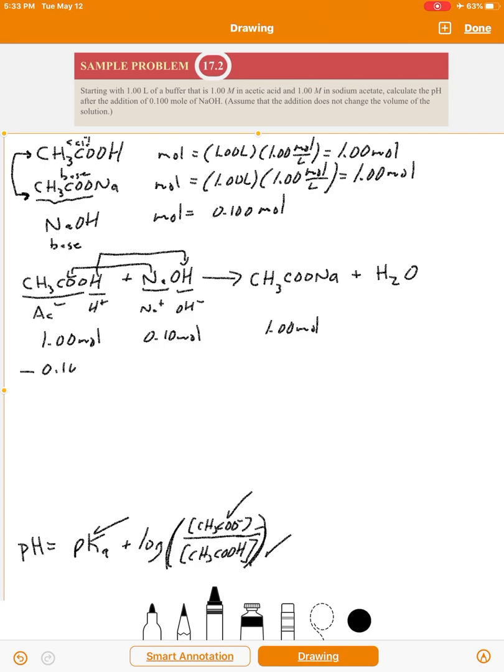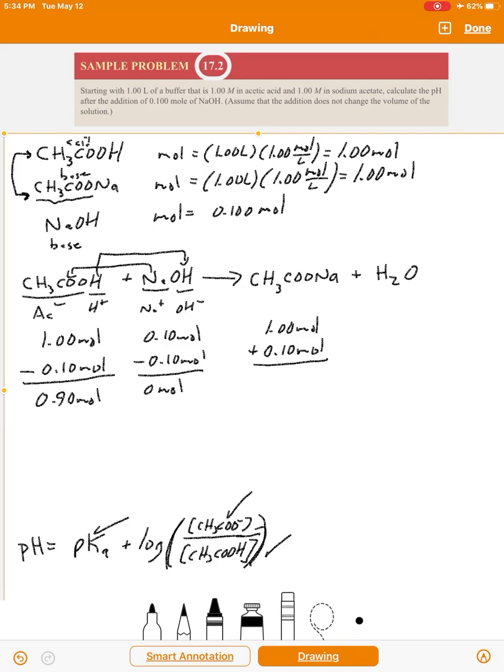Subtract the smaller of the two reactants from both, and don't forget to add it to the product side. So the acetic acid goes down to 0.9 moles. The sodium hydroxide goes down to 0 moles, so all the sodium hydroxide is gone. And the sodium acetate goes up to 1.10 moles.